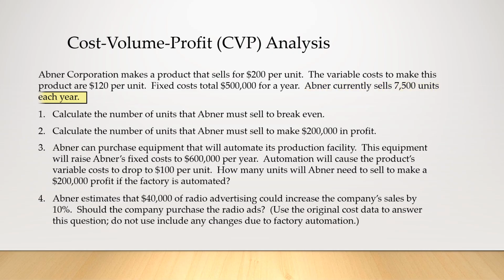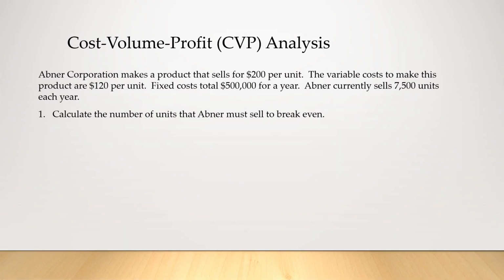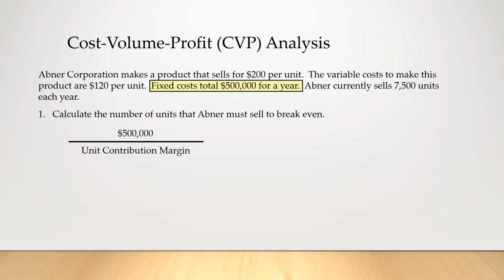Starting with number 1. Calculate the number of units Abner must sell to break even. The formula for a company's break-even point is fixed costs divided by unit contribution margin. Abner's annual fixed cost is $500,000.